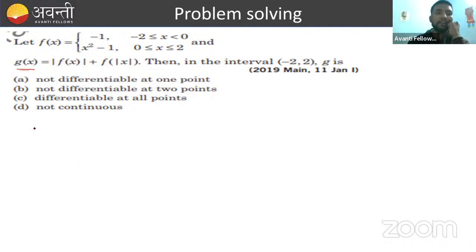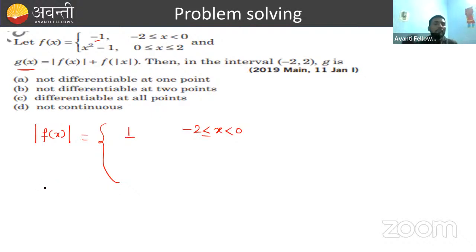First of all, we will try to find mod of f of x. Mod of f of x means whatever the function value is coming, it will make it positive. So from -2 to 0, the function value is -1, but if you take the mod, it will become 1, right?